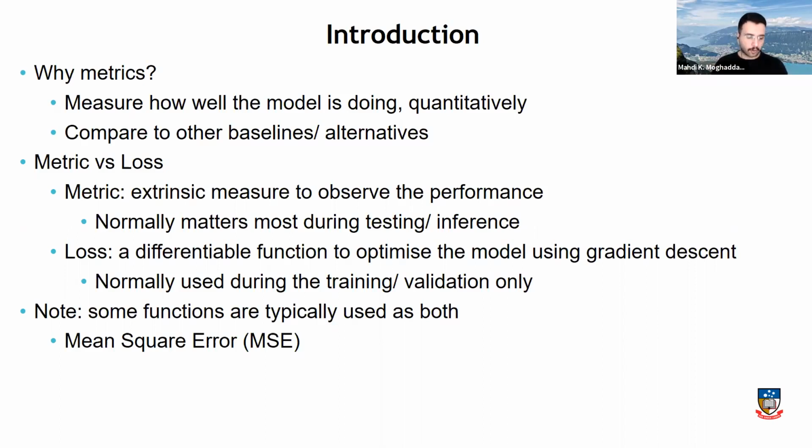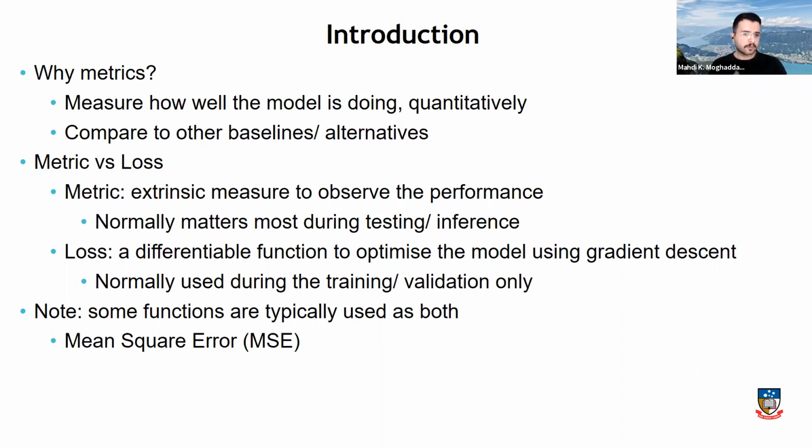The other good thing about putting a number is that if that number is very off from other people on the same task using the same method, then you would know that something is going wrong. So it's always a good thing to be able to quantify the performance of your method and compare that with other methods or previous baselines.